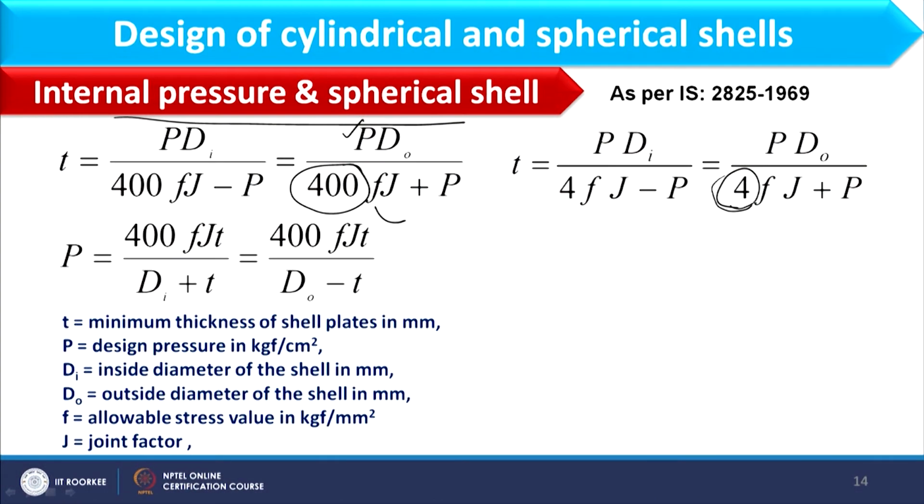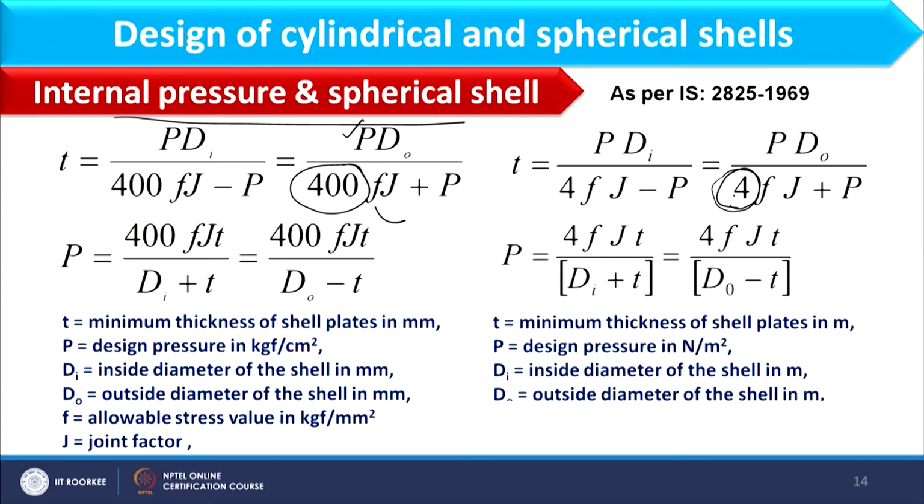Otherwise, in books you can find 4 instead of 400 because pressure and allowable stress are both shown in the same units. So, in this way you can derive the expression for thickness of cylindrical as well as spherical vessels when internal pressure is acting.